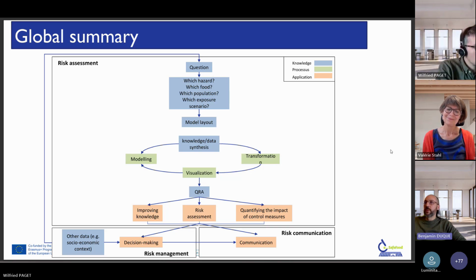Then to gather all the data available in order to perform the quantitative risk assessment. And for instance, this quantitative risk assessment can also be used to quantify the impact of control measures. And these models can then be used, for example, as a decision-making tool.